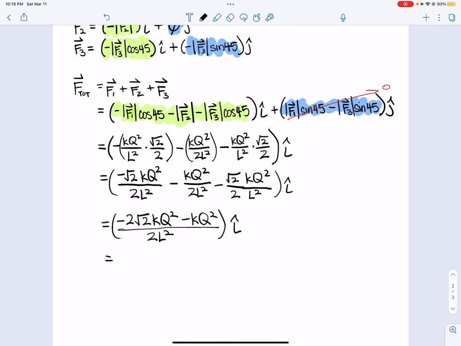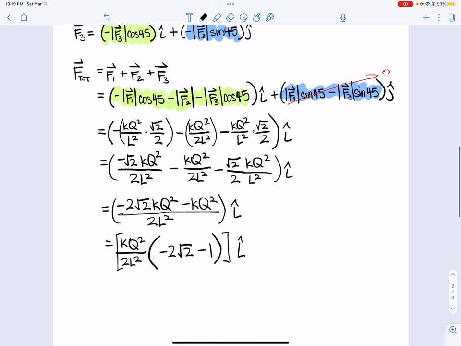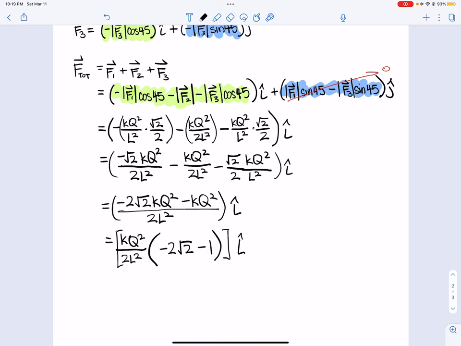So I'm going to factor out the like terms. I can factor out kq squared over 2L squared. And what I would be left with is minus 2 square root of 2 minus 1, right? Again, that's along i hat. I'm going to bring out the negative sign, okay?